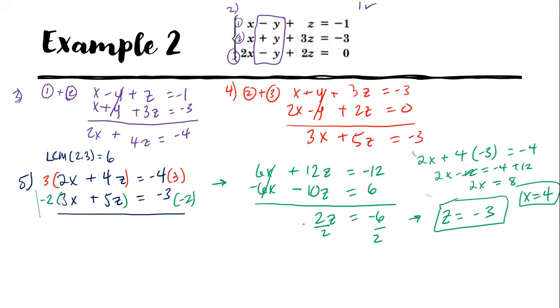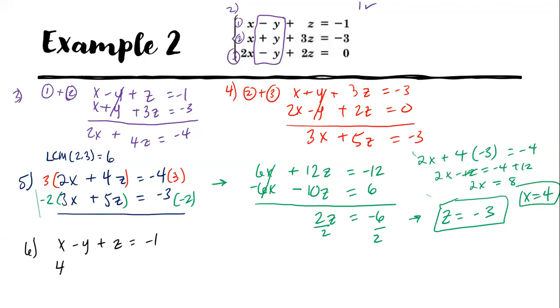So now I have my x. And the last and final step, step 6, is I'm going to take the two variables I've solved for and plug back into one of the originals. I'm going to use the first one, x minus y plus z equals -1.